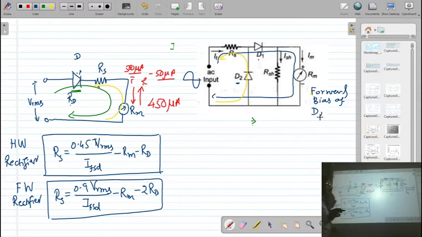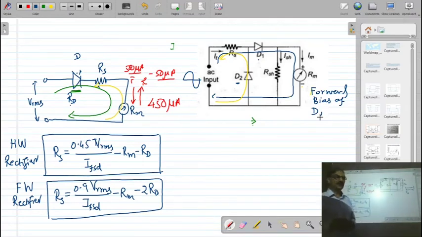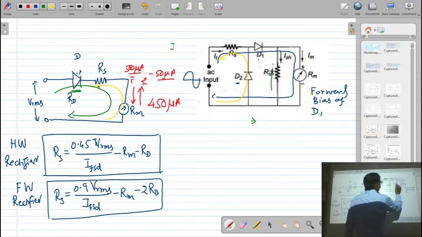Now, what was another difficulty? That the diode has to operate in a linear region. Means you have to draw more current from the diode. And that's why we are connecting one more resistance in parallel with the galvanometer.